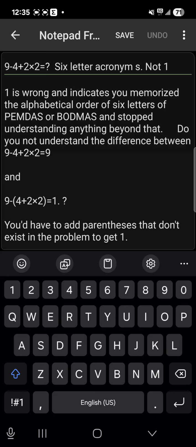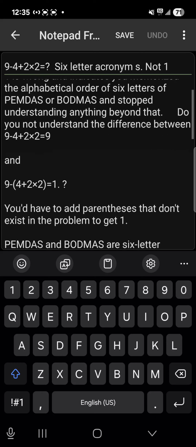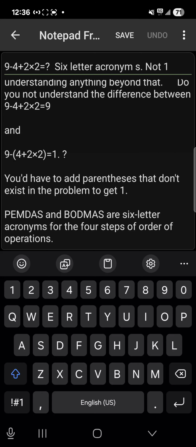But then you stopped understanding anything beyond those 6 letters. And my question to people who think it's 1 is, do you not understand the difference between 9 minus 4 plus 2 times 2 equals 9, and 9 minus, and then inside of parentheses, 4 plus 2 times 2, close parentheses, equals 1. You have to put parentheses around that part of the problem in order to get the answer of 1.